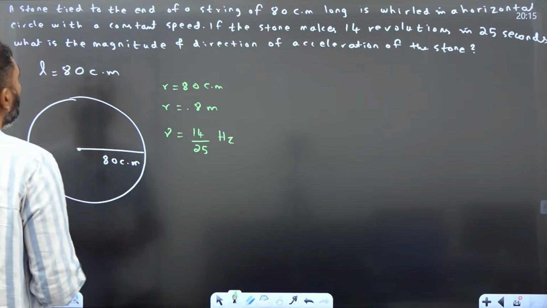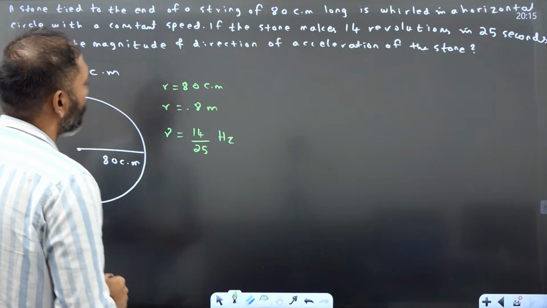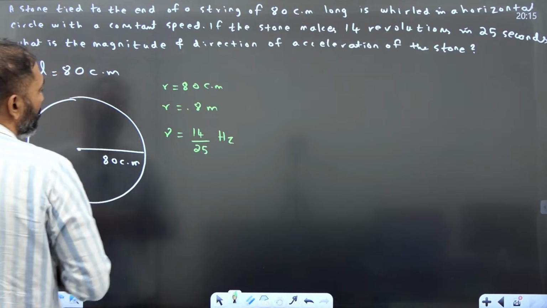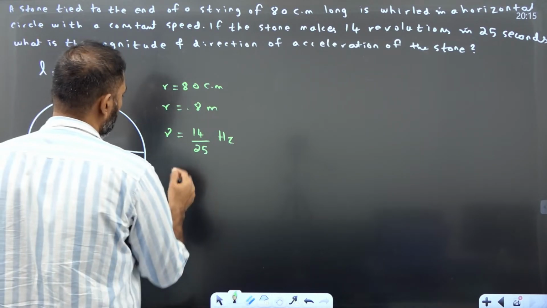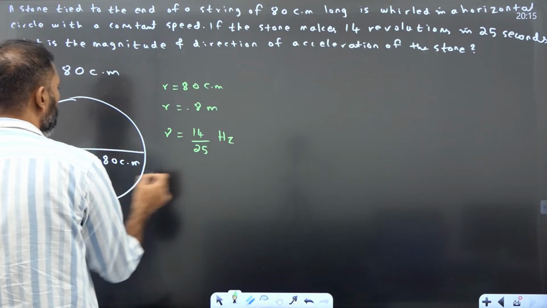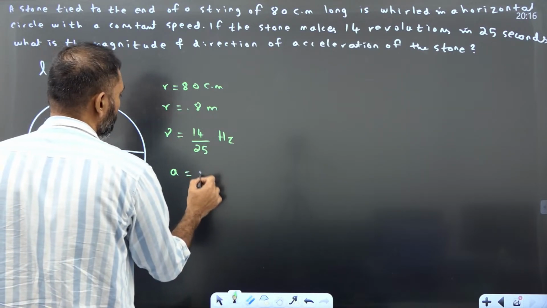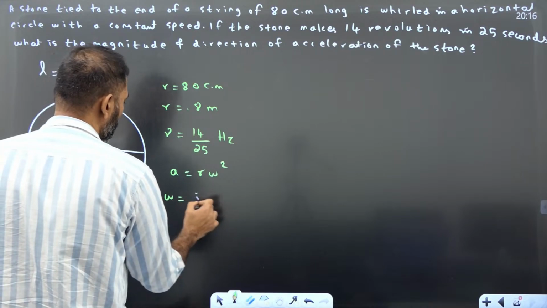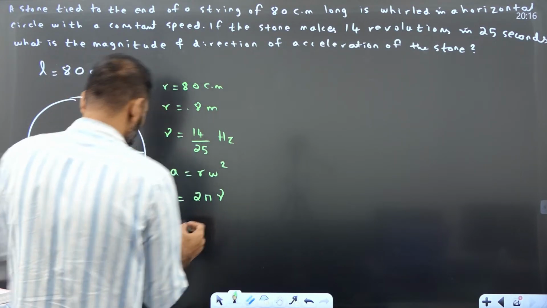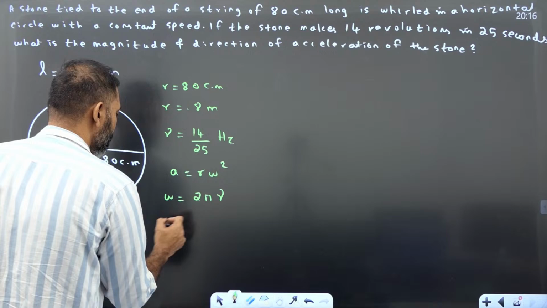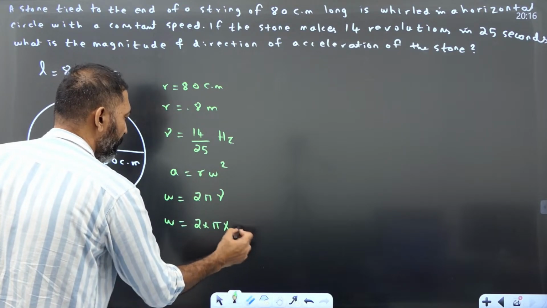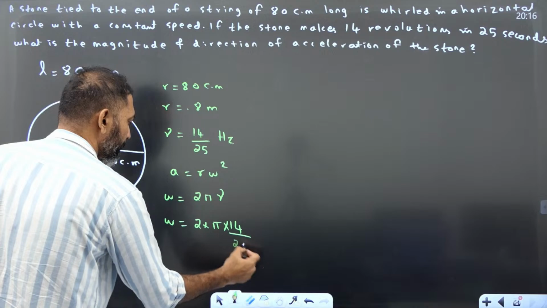What is the magnitude and direction of the acceleration of the stone? Since it moves in a circle, it should be centripetal acceleration. And the equation is R omega square. What is omega? 2 pi mu, so omega is equal to 2 into pi into 14 by 25.